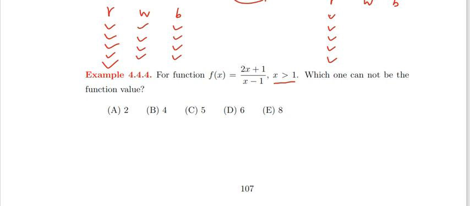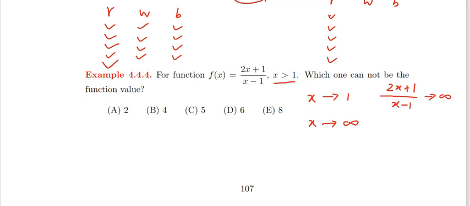Here x is larger than 1, so we check x close to 1 and x becoming very, very large. When x is close to 1, the number (2x plus 1)/(x minus 1) could be really, really large, going to infinity.